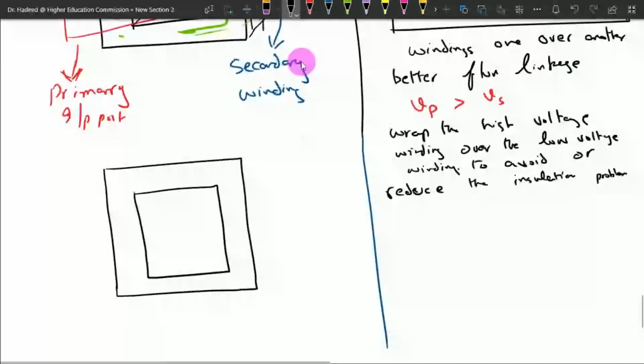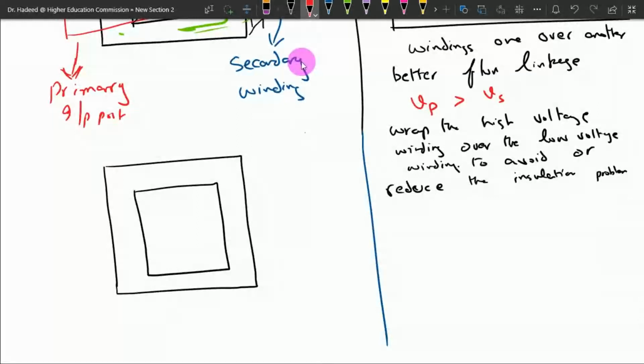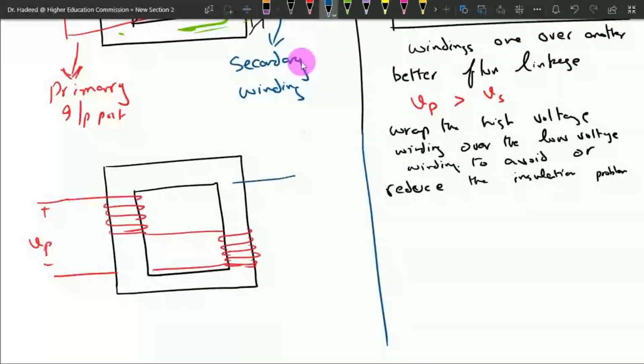So this can be done by actually having half of the primary here, right, and half of the primary in here, and then we can take it here. So this is the V primary. About the secondary, we have the secondary here that is taken outside from this side.